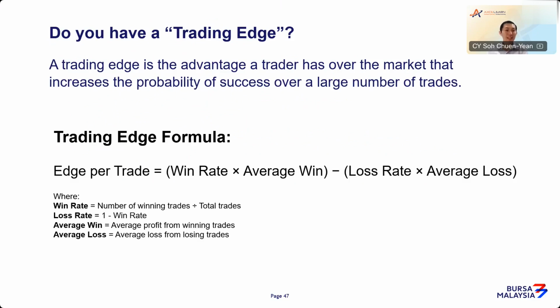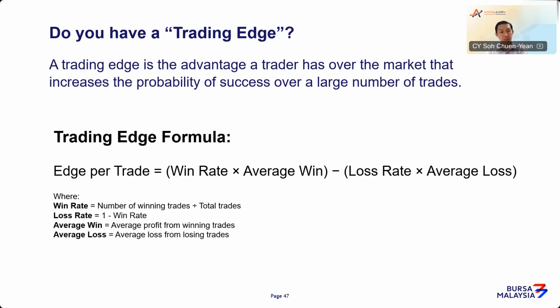Which means it only fulfills one specific criterion of your trading, which is your win rate and your lose rate. In order to be really consistently profitable in trading, you must make sure your whole trading strategy or trading system has a trading edge.